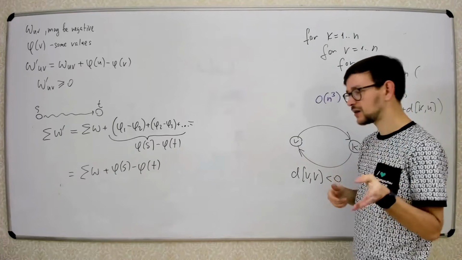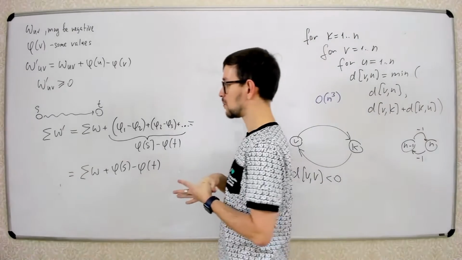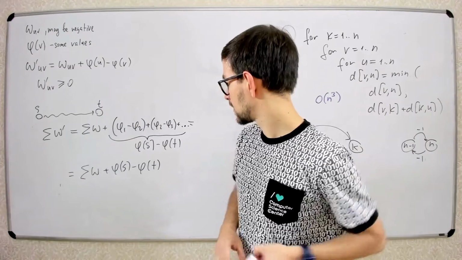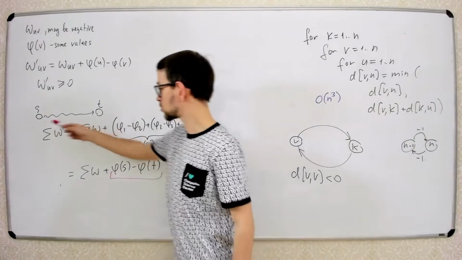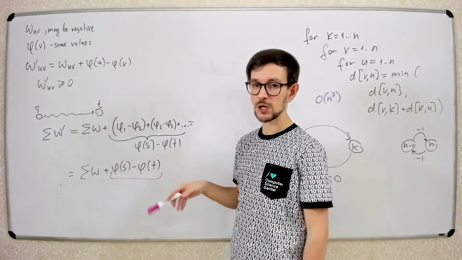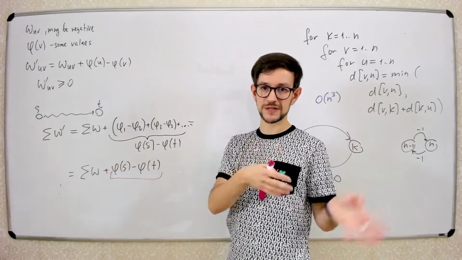Now again, like in the previous lecture, if you modify each weight by the same constant, so this is some constant, right? If you take any path from S to T, the weight of this path will be modified by this constant. So if you add the same constant to all weights of the paths, the minimum will stay the minimum.